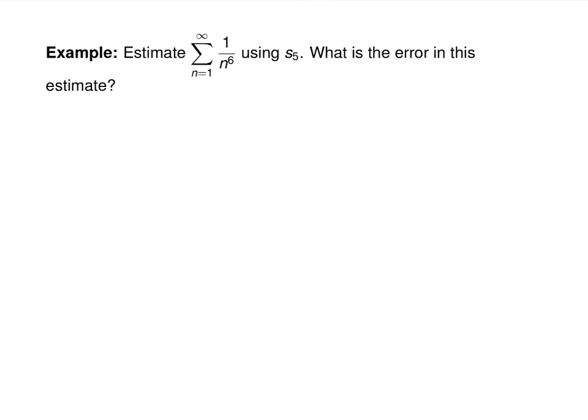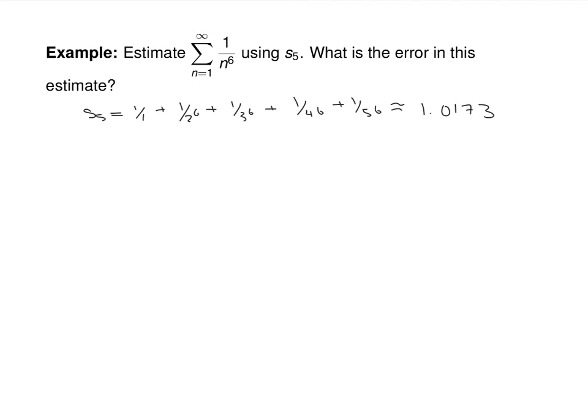So another good thing about the integral test is that it gave us a means to estimate series. So let's estimate this using S5. So S5 would equal 1 over 1 plus 1 over 2 to the 6 plus 1 over 3 to the 6 plus 1 over 4 to the 6 plus 1 over 5 to the 6, which is approximately 1.0173.